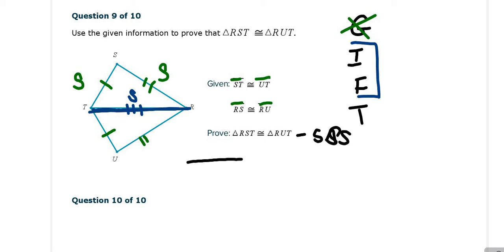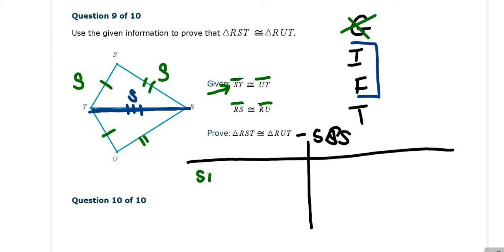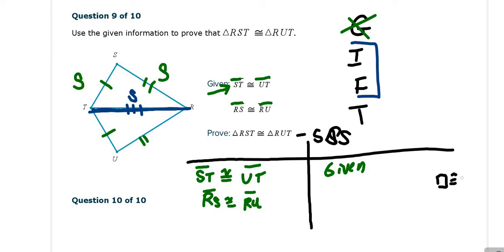So on Alex, this is what it's going to look like. Step 1 is you'd put your first side in. Make sure you use the segment bar, the congruent sign, and segment bar. And you would click the reason is, it is given. Then you can put your other side in. RS, segment bar there, and RU, segment bar. And when you do this, there's an icon that looks like this in the toolbar, something equal to congruent to something.